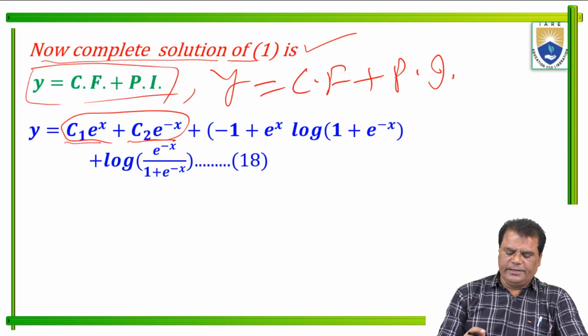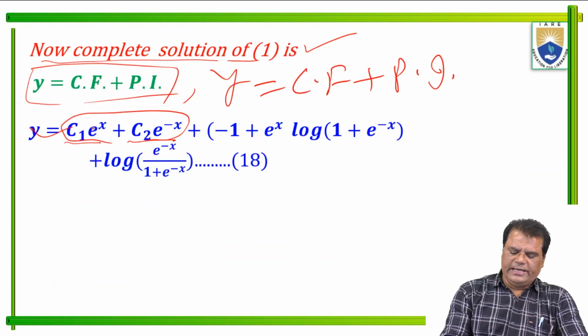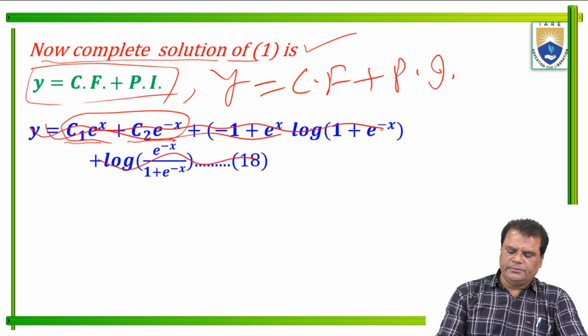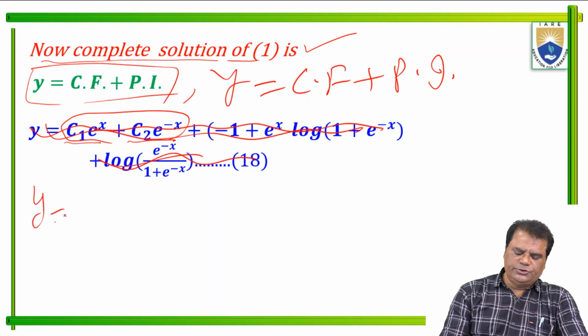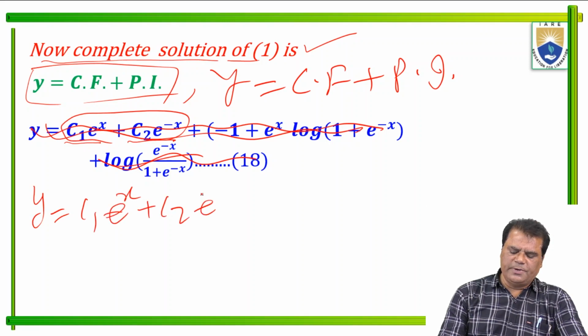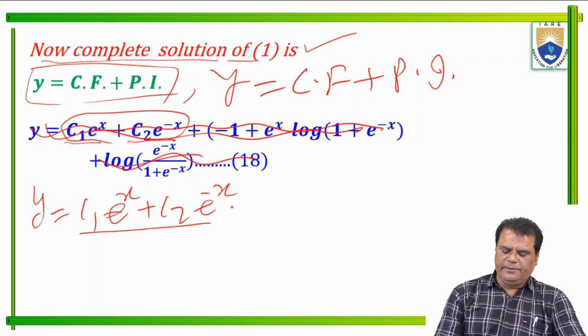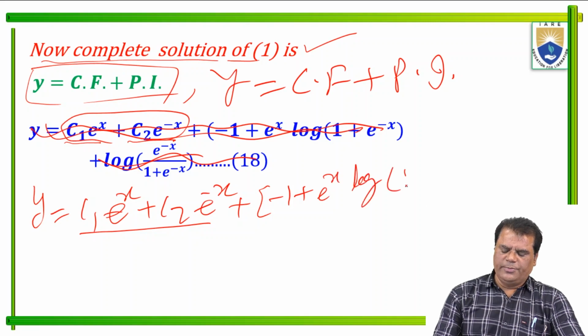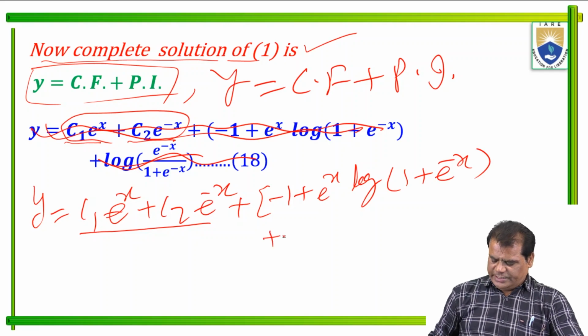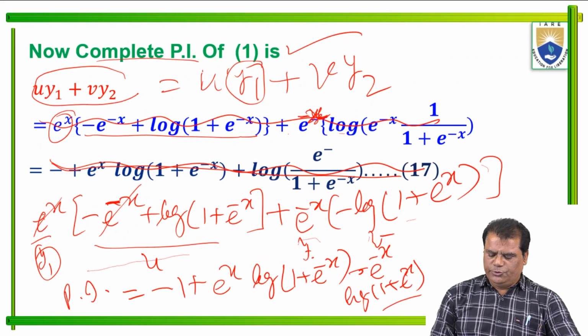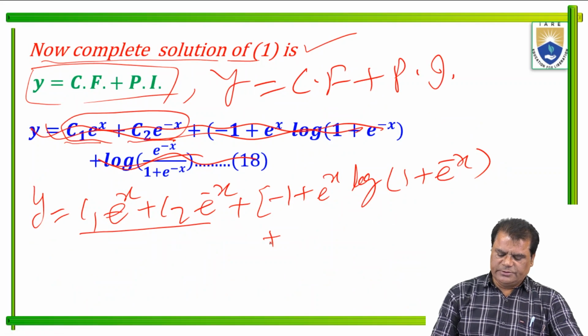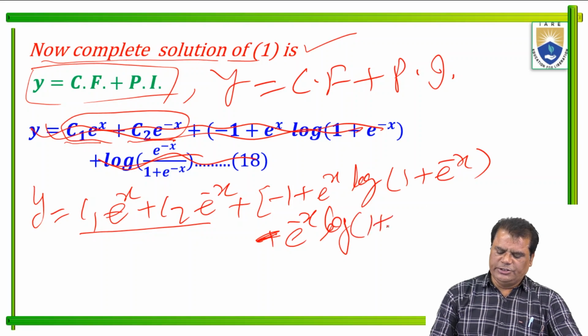Now putting this value here, the final answer is y is equal to c1 e to the power x plus c2 e to the power minus x. This is CF. And plus PI: minus 1 plus e to the power x and log 1 plus e to the power minus x, and plus, next, e to the power minus x, minus e to the power minus x and log 1 plus e to the power x.